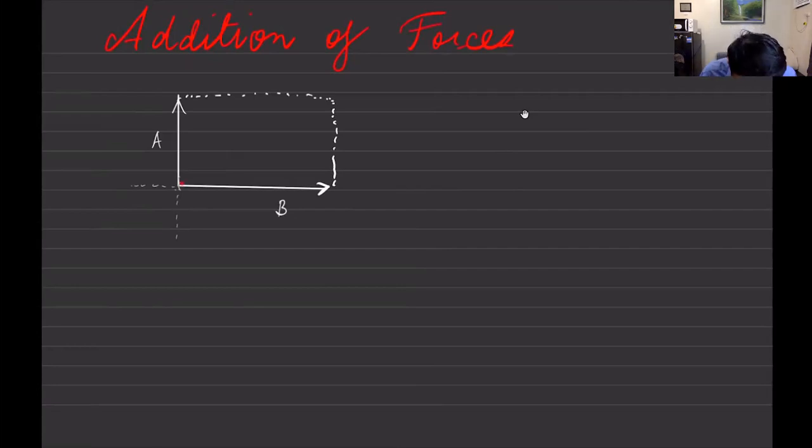So let me draw that, something like this. And of course, the resultant is a vector, so you need to draw it as an arrow. So this is your resultant, which is just vector A plus vector B. Okay, so this is for 2D.